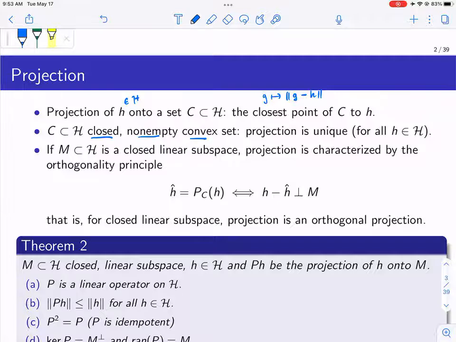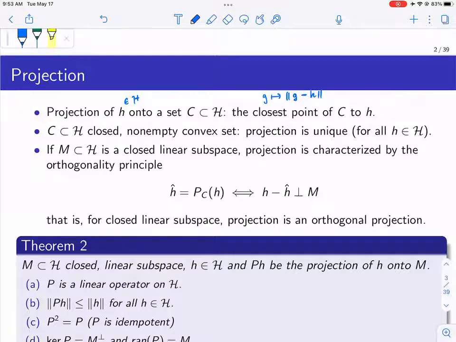In particular, the case of interest for us is if this is a closed linear subspace. This closed linear subspace is automatically non-empty because it always has 0 in it. So this is a special case. There is a unique projection onto M. And the interesting thing is that this projection is also characterized by this orthogonality principle.